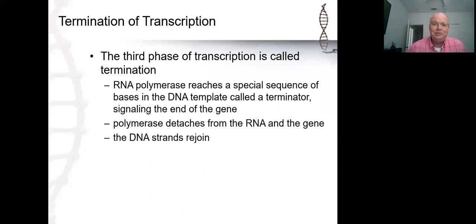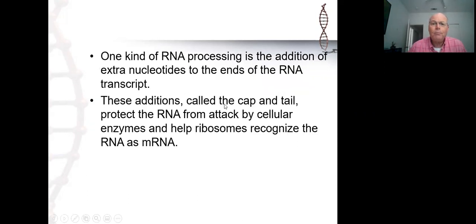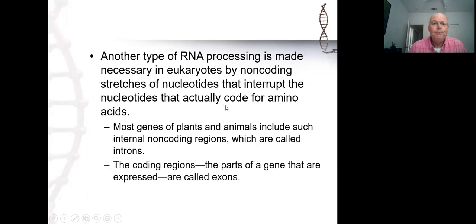So before translation can even begin, the final messenger RNA has to exit the nucleus out into the cytoplasm. So there are some added complexities to the eukaryotic situation. So what happens here? Well, there are two things. We get to the diagram.